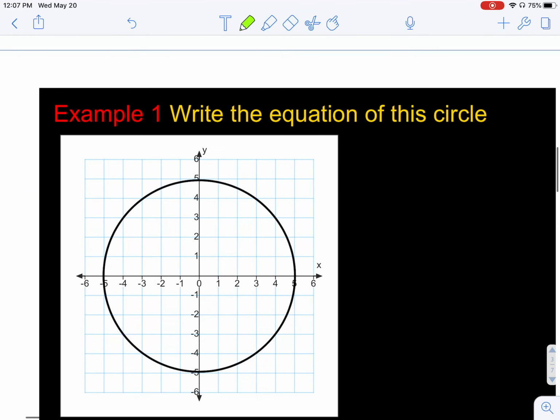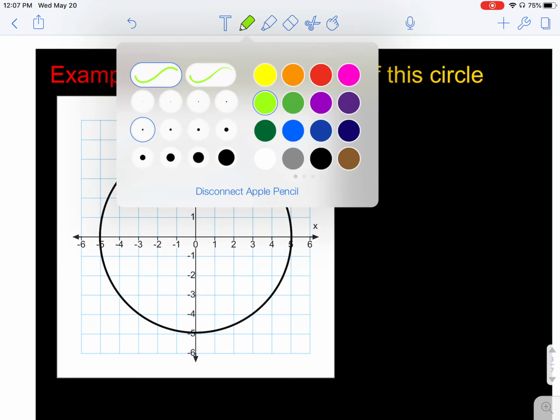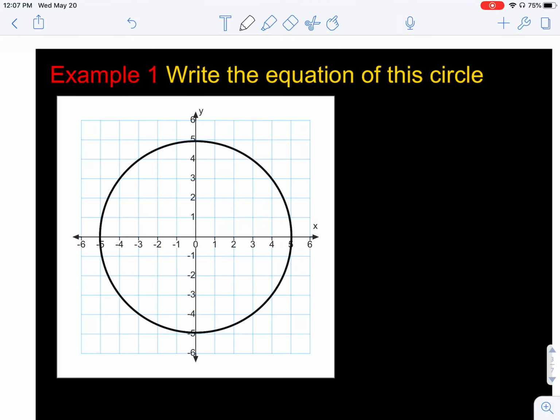Let's take a look at some real examples. Here's an example where I'm going to use that second equation: x minus h squared plus y minus k squared is equal to r squared.